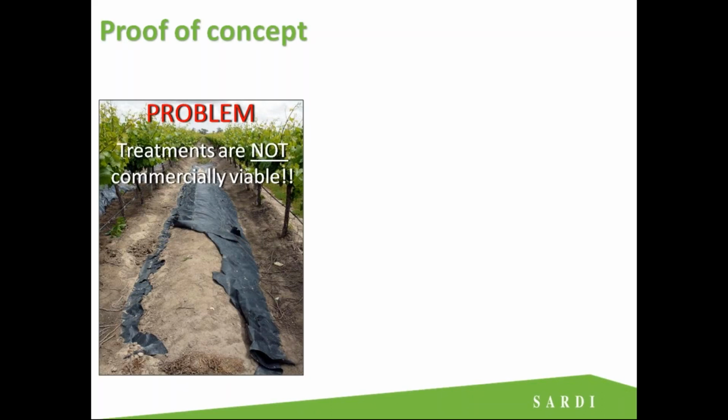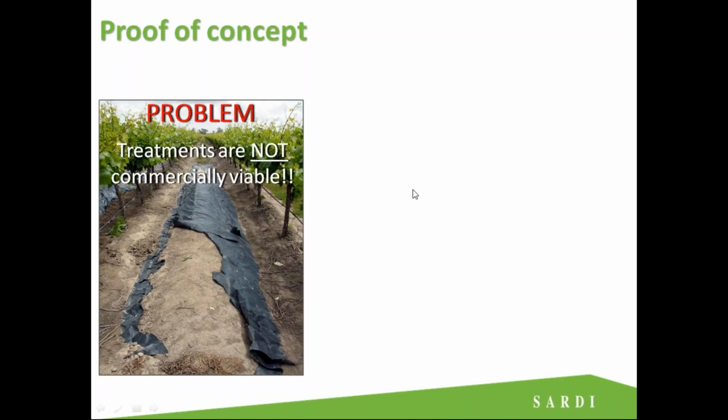Apart from the cost of the material, the fragility of the material to UV and particularly to high trafficked vineyard rows means that there's a lot of maintenance required to retain treatment integrity, and it's just not commercially viable. And so these treatments did give us a fantastic result in terms of reducing soil salinity and reducing the expression of salt in the plant tissue and in the juice, but are not commercially practical.